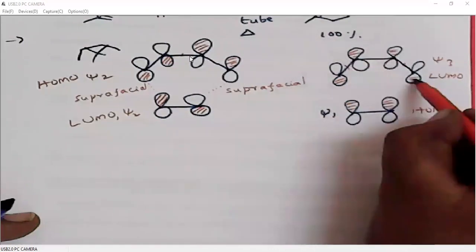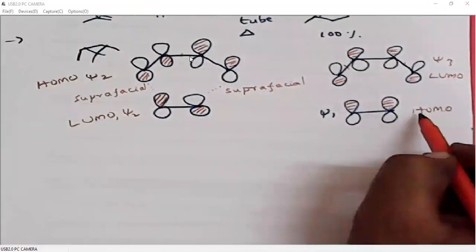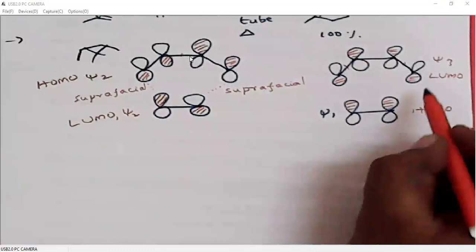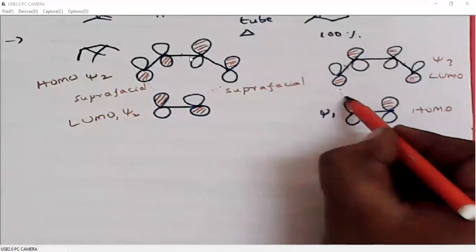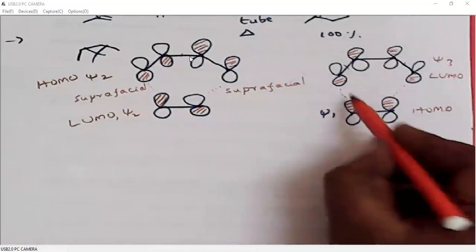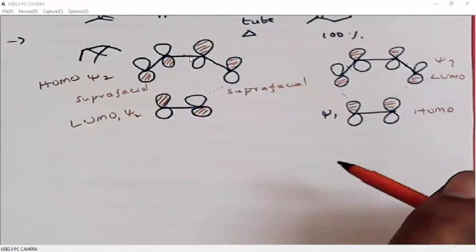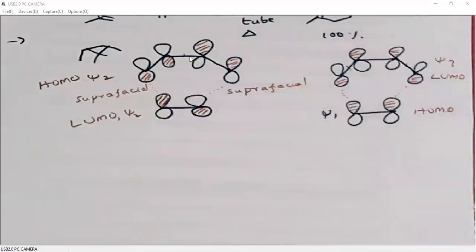So when we look at this reaction, that means HOMO of the dienophile and LUMO of the diene. Again, both the interactions are suprafacial. We are not rotating any orbital, so both same phase orbitals are approaching for the bond formation. So it is called suprafacial bond formation.